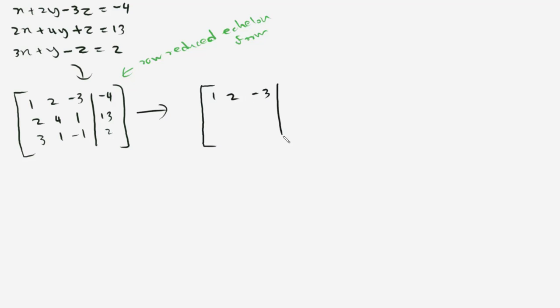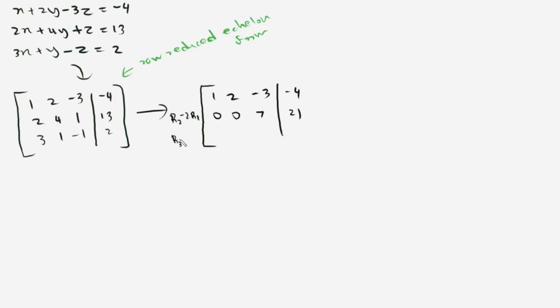So I just multiply the first row by 2 and subtract it from the second row. It will produce 0, then again 0, then 7, and minus 8, minus 13 will produce 21.